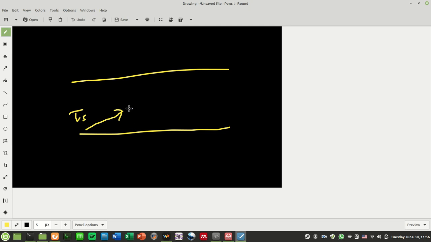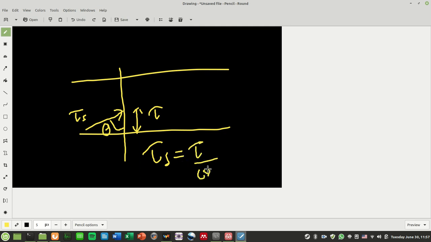If we have the direction theta from the normal, we like to consider this optical thickness over here. So tau s equals tau over cosine theta, and we say mu equals cosine theta, and that's why we let it pop out.